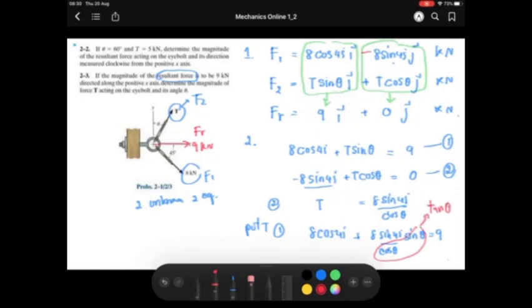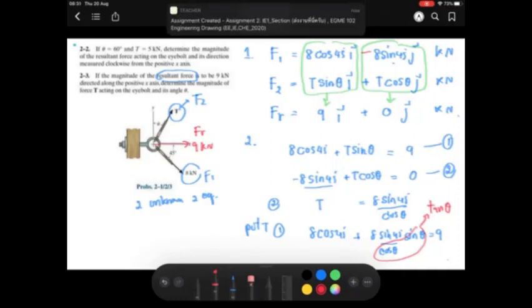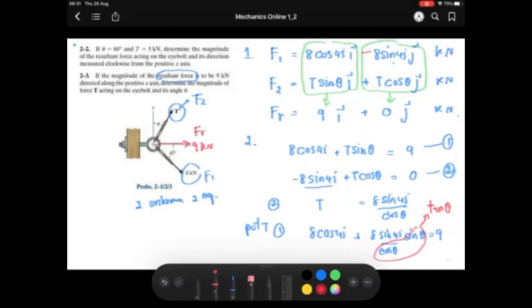So in this equation you have one unknown, one equation, and you can find theta, the angle at which T acts on the eye bolt. After you get theta, you put it back into equation number 1 or number 2, and you can find the value of T. And that's it.